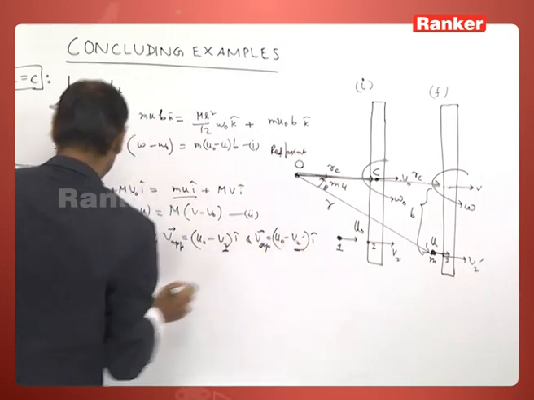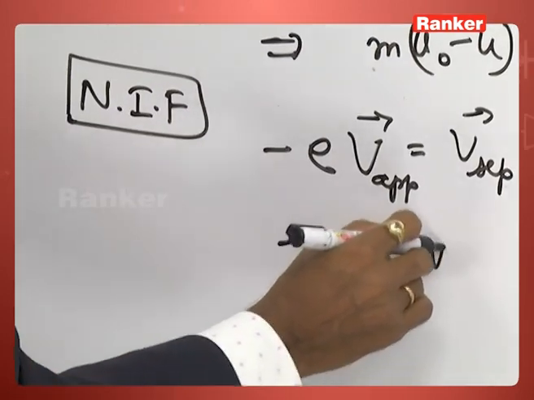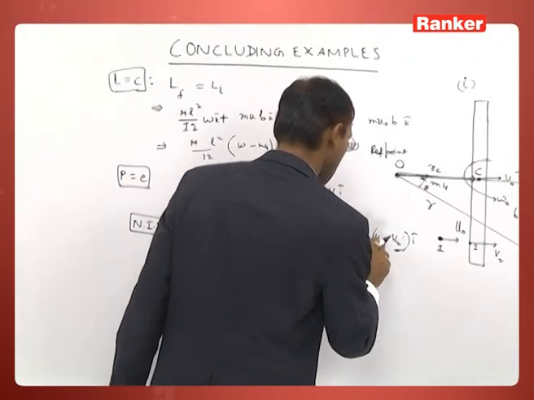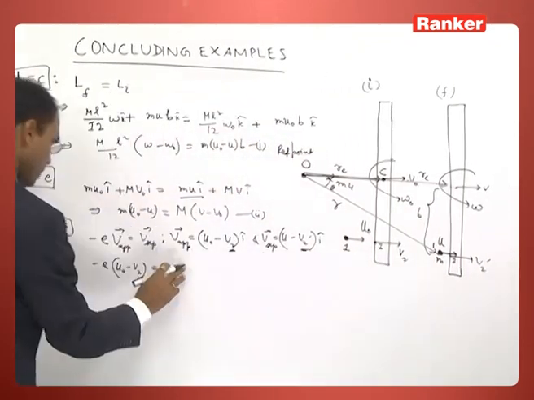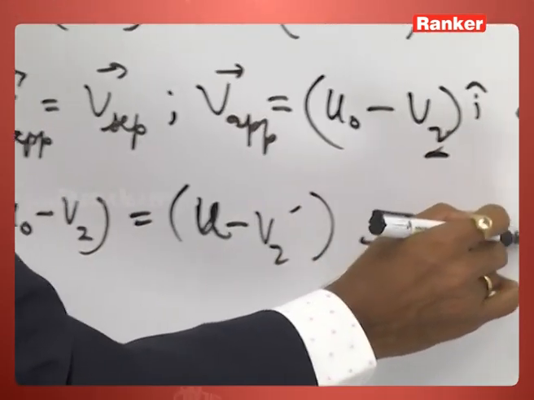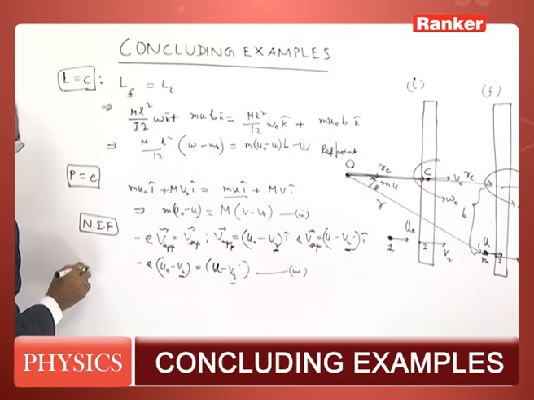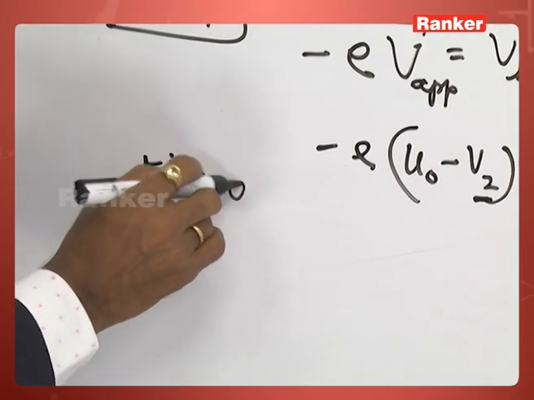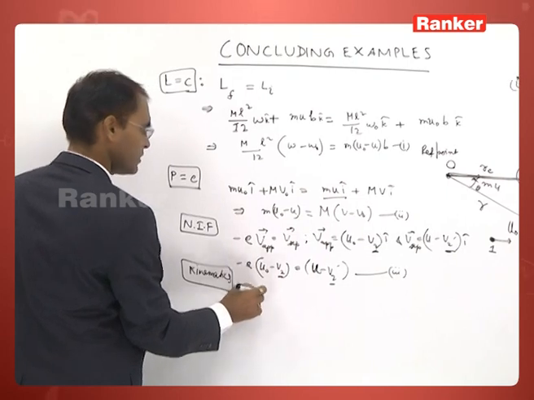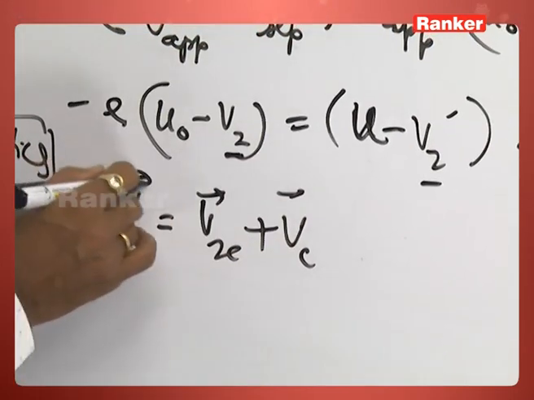v2 and v2 dash can be calculated by using kinematics of rotation. v2 is equal to velocity of 2 with respect to C plus velocity of the center of mass.